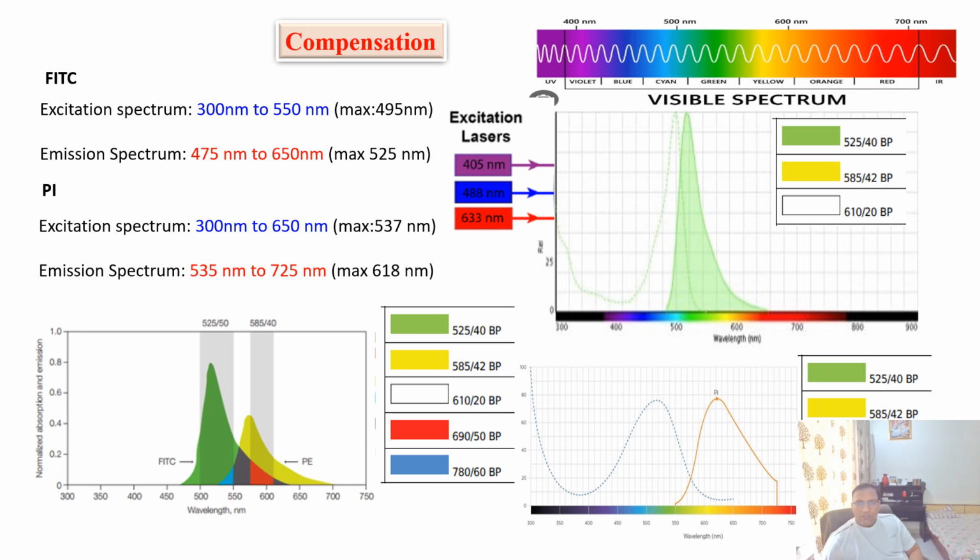Earlier I told you that it is detected by one detector, but it is not necessarily so. Here, the wavelength range goes up to 550 nanometer.